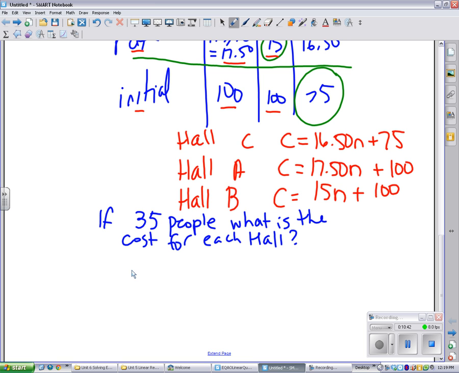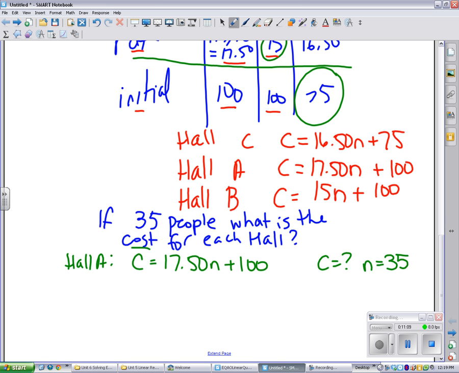Okay, so I can use the equation for Hall A. Oops, that's not Hall A. And I am looking for cost. I need to determine the cost. So C is the thing I don't know. N must be the thing I know. The N stands for number of people, so I have 35. I'm going to replace 35 in for N here.